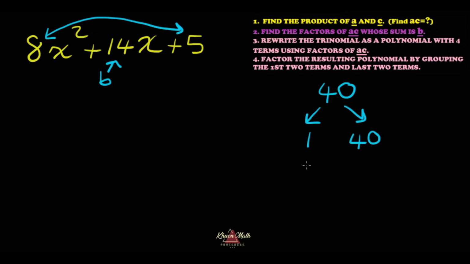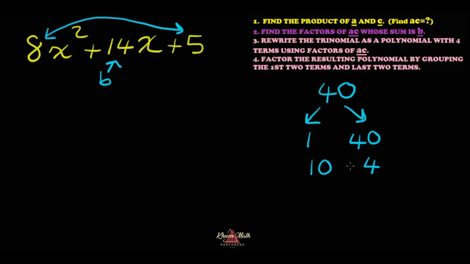How about we try 10 and 4? So basically what you're doing, you're guessing factors of 40 and then you check it. So guess and check. I mean, if you're lucky, you get it right the first try. So let's try these 2 numbers right here. 10 times 4, we know that's 40.